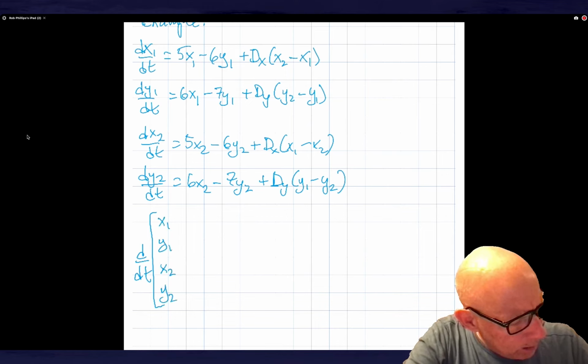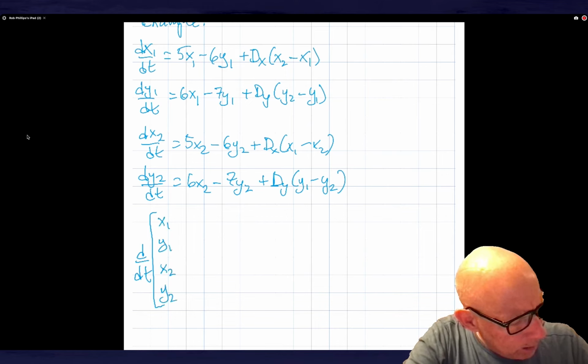So this is equation 1, this is equation 2, 3, and 4. And just as a reminder, in case you forgot about your matrix multiplications, equation 1 is gotten by taking this row and multiplying it by that column.